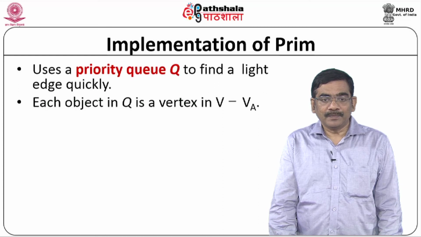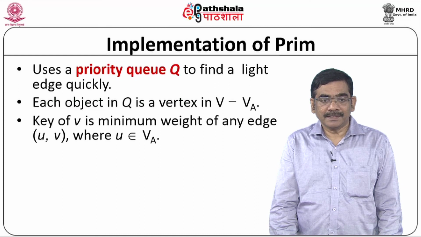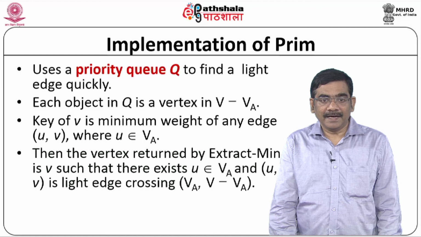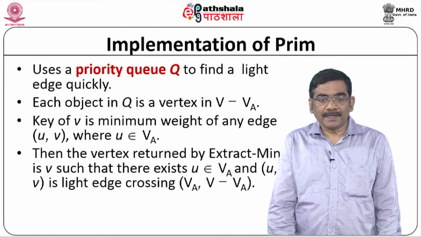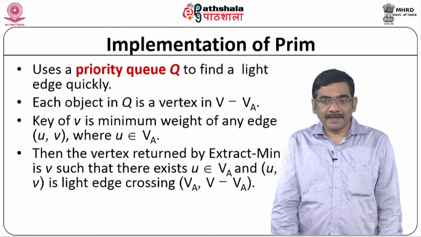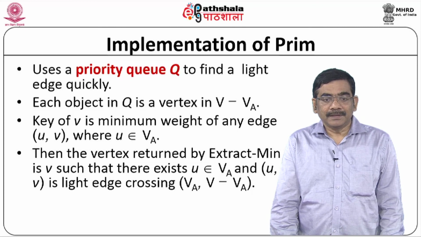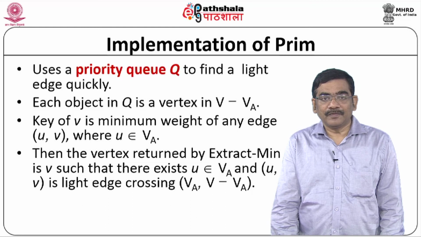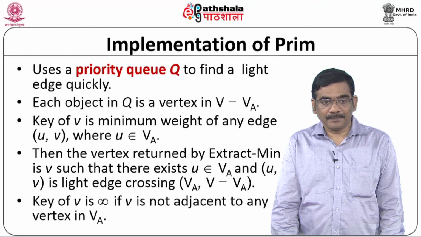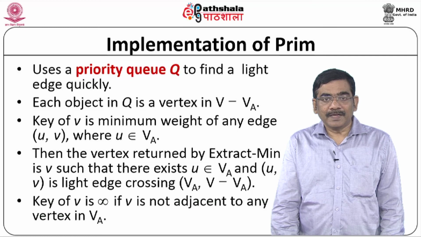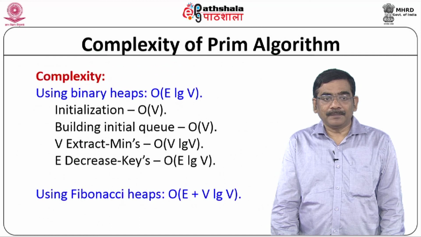Each object in the queue is a vertex. I am taking the key, which is the minimum weight of any edge. The vertex returned by extract minimum belongs to U, and it is the light edge crossing from V A to V minus V A. So, we can use the key attribute of the priority queue in Prim's algorithm.